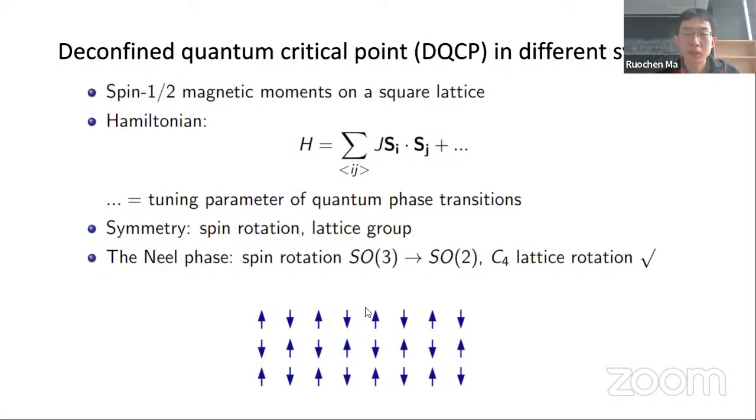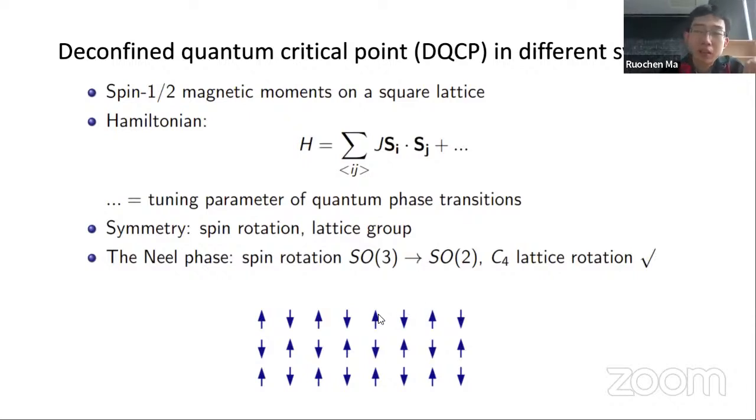You can see this is just the Heisenberg antiferromagnetic order. In the Néel phase, the SO(3) spin rotation symmetry is broken spontaneously to a U(1) subgroup, namely the spin rotation along the direction of the Néel order parameter.